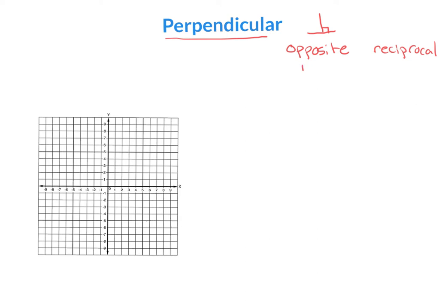So opposite would be the positive, negative, and then reciprocal, that would be like 2 and 1/2, or 3/4 and 4/3. So if we have both going on, they will be perpendicular.